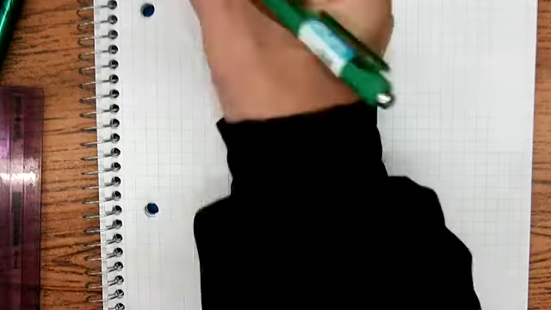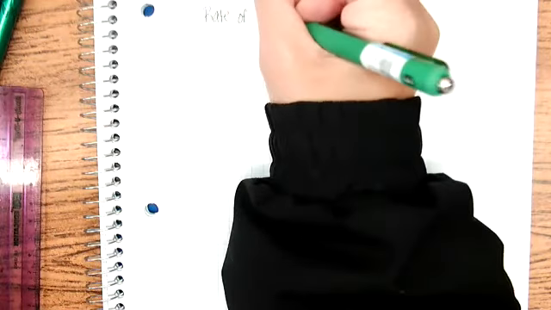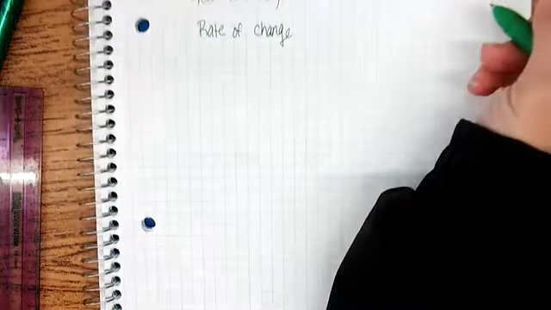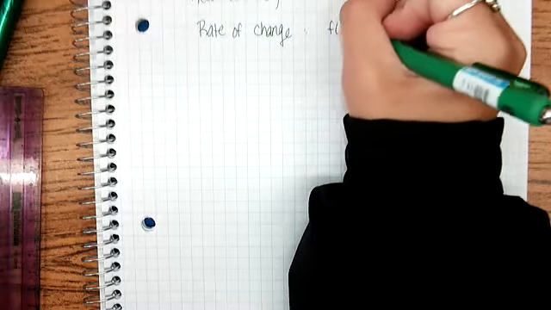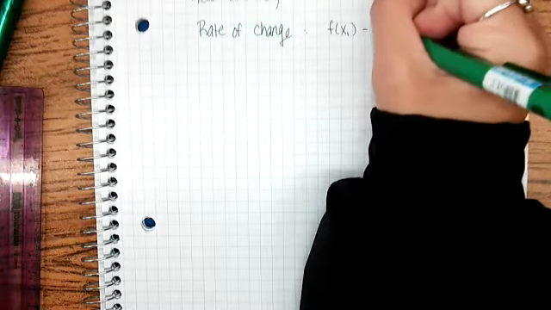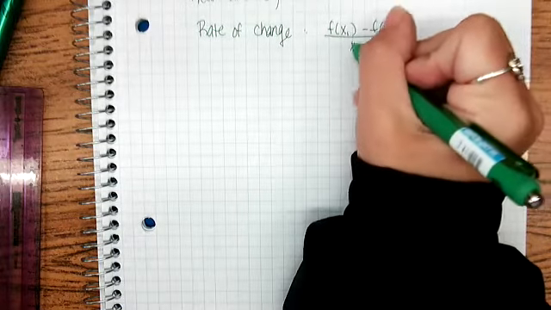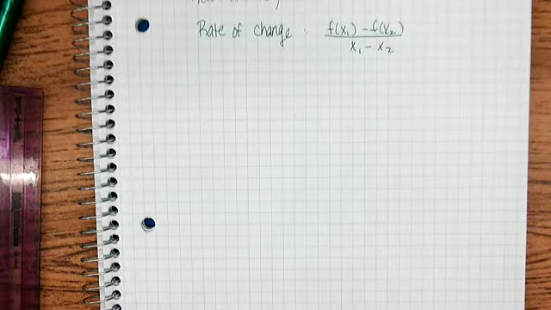Last thing we're going to look at is rate of change. Remember, rate of change is fancy slope. Rate of change is f of x1 minus f of x2 all over x1 minus x2. Or vice versa, whatever.